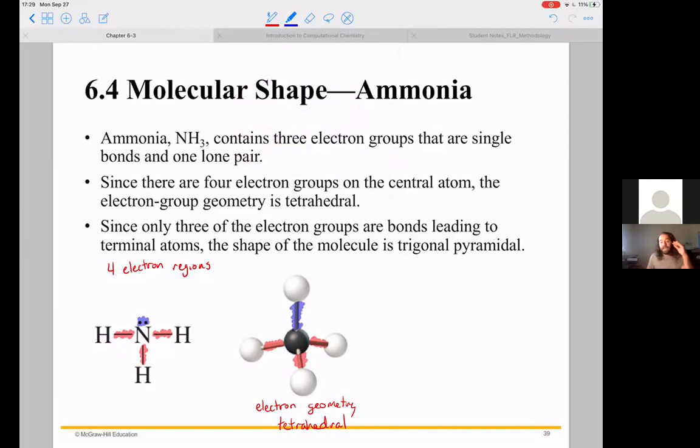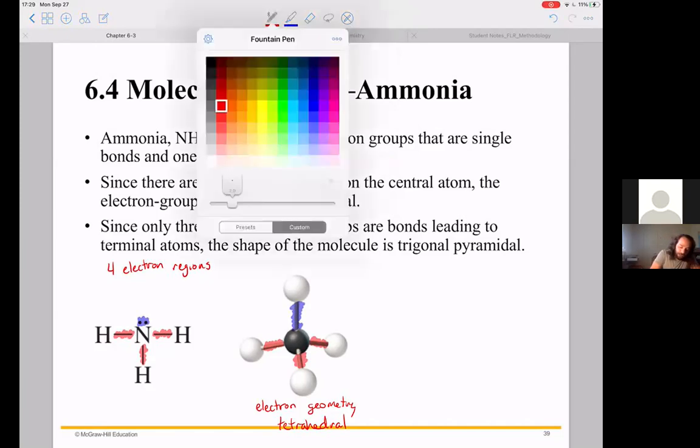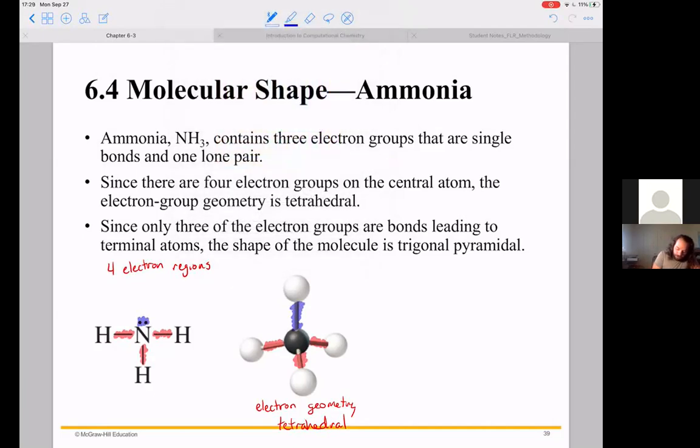But if I'm looking at the molecular geometry, I'm only caring about the arrangements of atoms. So how do we get the molecular geometry from the electron geometry? What we're going to do is just take that bond that corresponds to that lone pair, and just erase it, right? Because that's not a bonding pair of electrons, it's just a lone pair. So that gives you the geometry of the molecule. And so this is what we would have for our molecular geometry, where this is our lone pair.